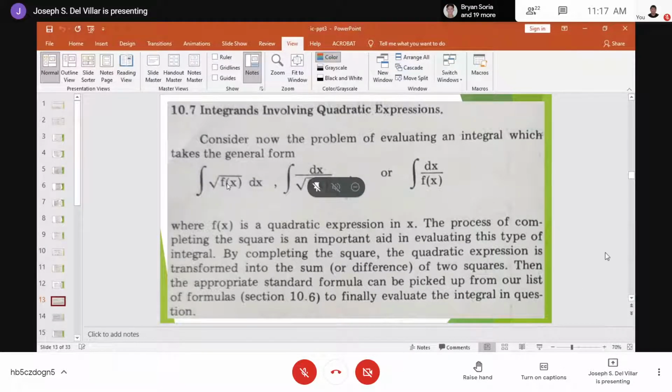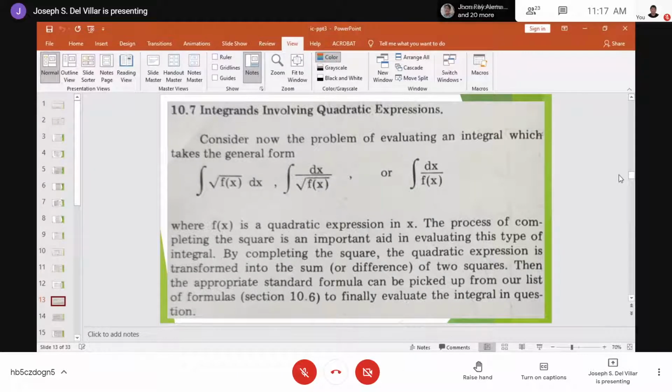So the problem of integrating involving quadratic expressions: we have the integral of dx over the square root of f of x, or dx over f of x, where f of x is a quadratic expression in x. It says here that the process of completing the squares is an important aid in evaluating this type of integral.